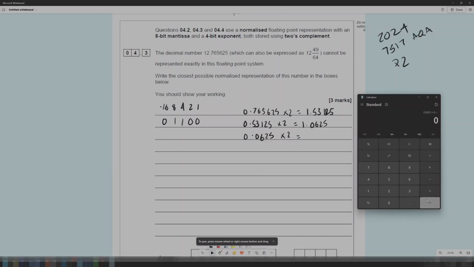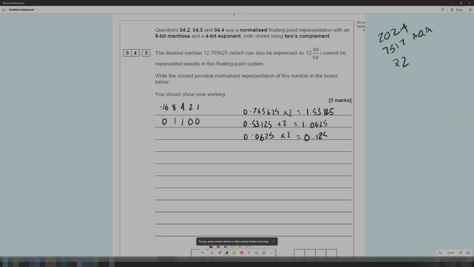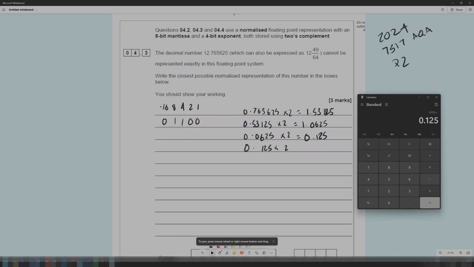0.0625 times 2 gives us 0.125. So 0.125 times 2 gives us 0.25.